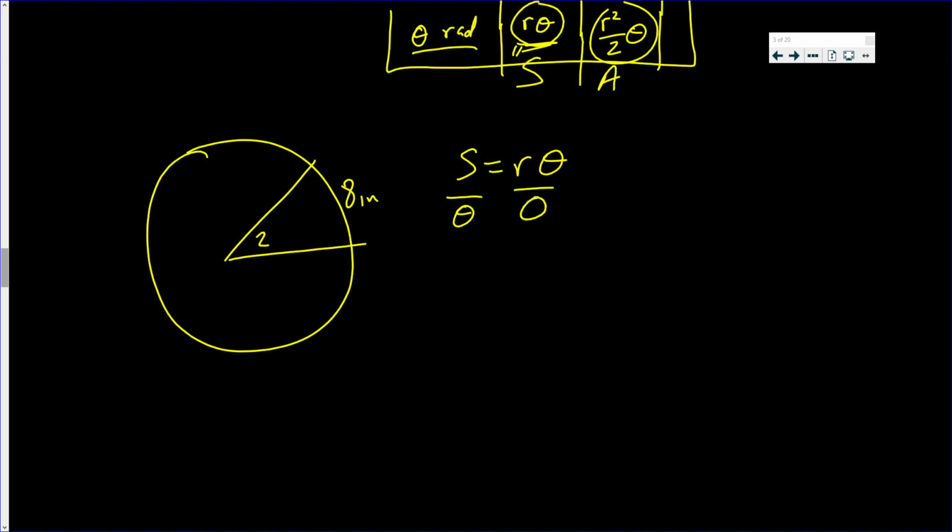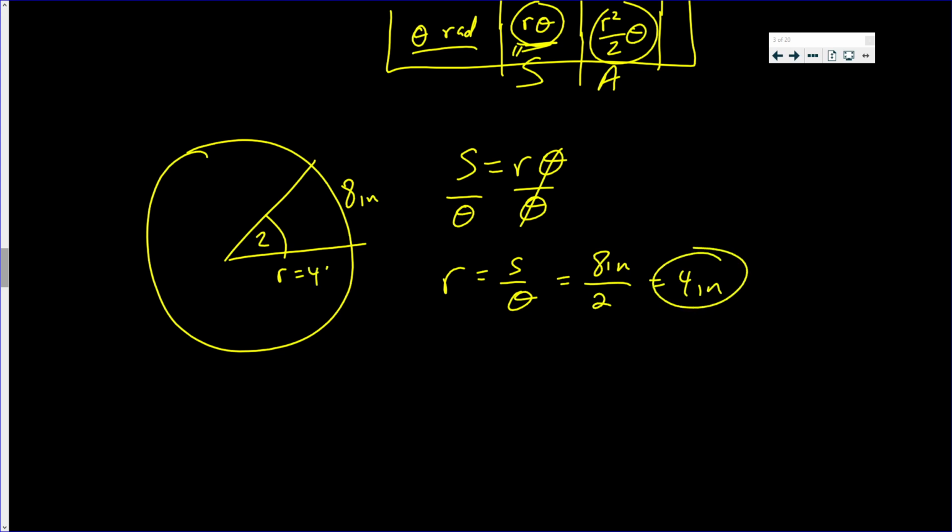Divide both sides by theta, and we have r is S over theta. And if I didn't say it, the instructions are to find r, the only thing that we're not given. So it's 8 inches divided by 2 radians, which is 4 inches. So r is 4 inches.